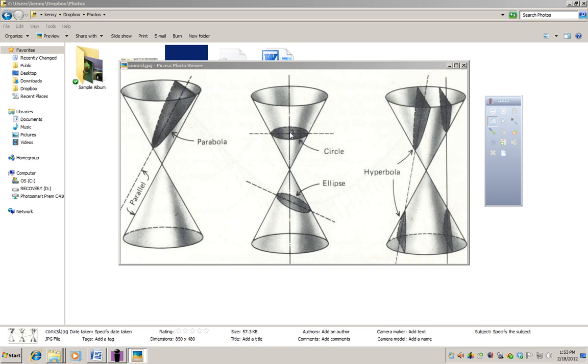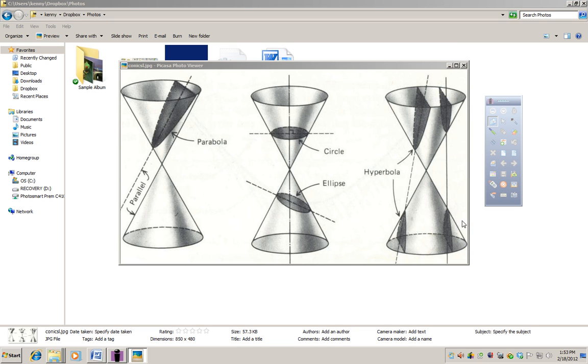If I take a slice of my cone parallel to one of the bases, then I get a circle. If I take a slice of the cone this way, not quite parallel to the bases, then I get an ellipse. And if I take a slice that goes through both sides of the cone, I can get a hyperbola like this, or a hyperbola like this.